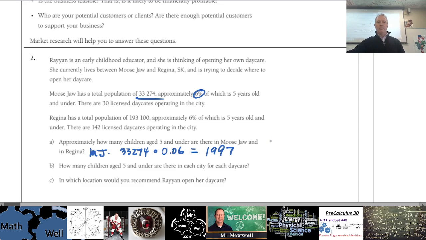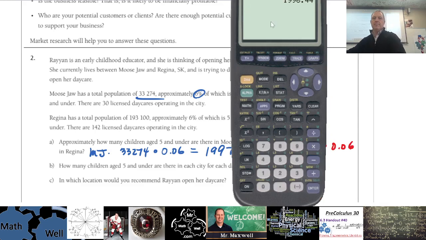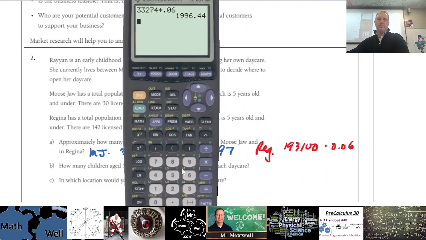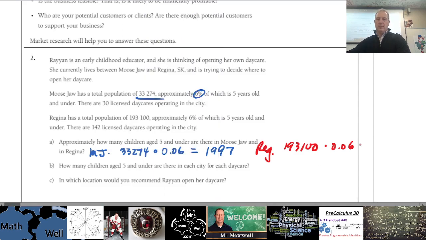And then that's in Moose Jaw, so Regina, let's do that in a different color. So Regina would be 193,100 times 0.06. So let's try that. 193,100 times 0.06 is 11,586.